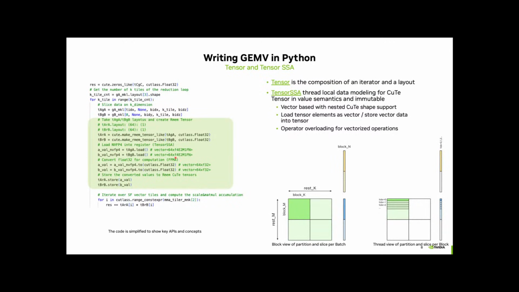Then we can use a lot of vector inline operations to do type conversion and element-wise operations. After that, we store it back to the register tensor memory, and when we store it back, we can do read and write on this memory. So that's the tensor and the tensor SSA features.